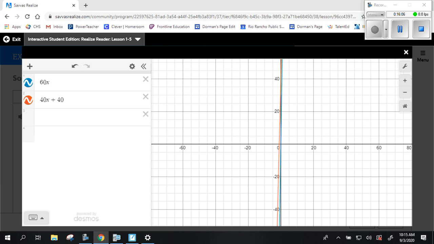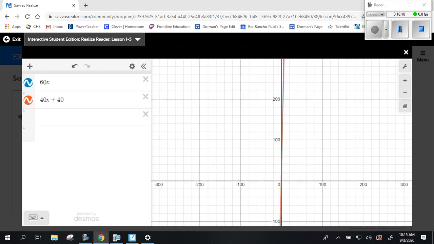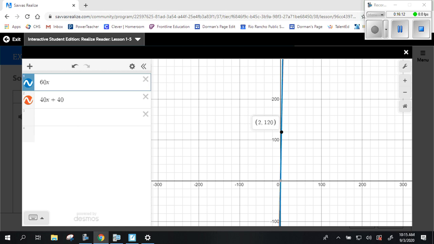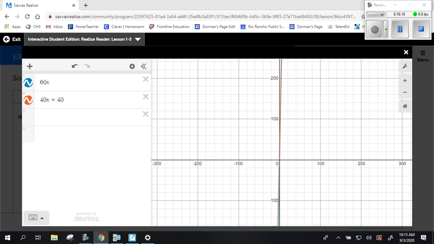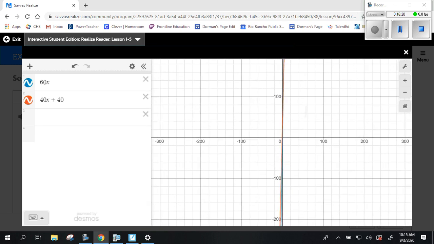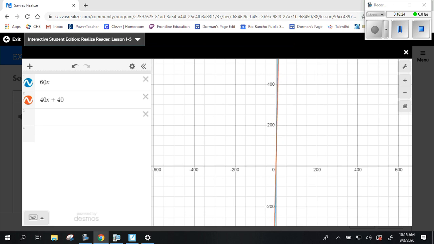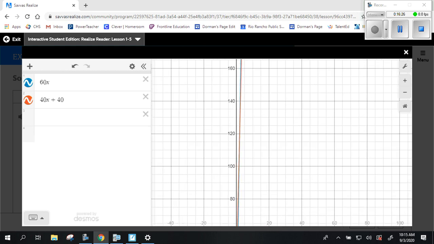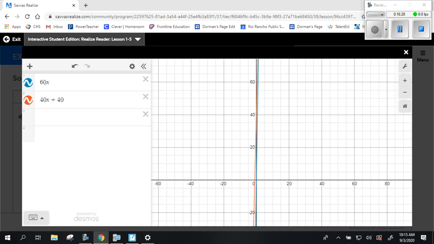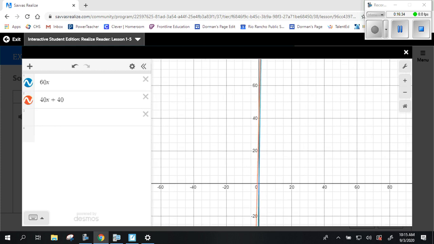And there we go. The Desmos calculator is going to point out our point of intersection. Okay, so I had to do some stuff to get a better view of this.